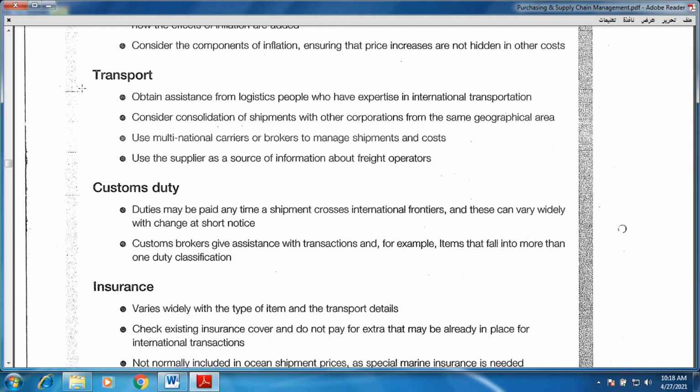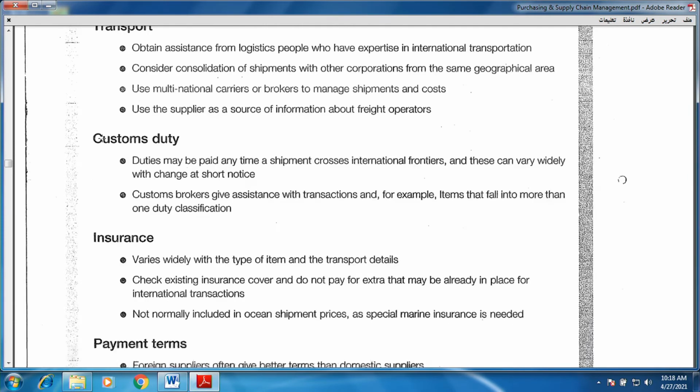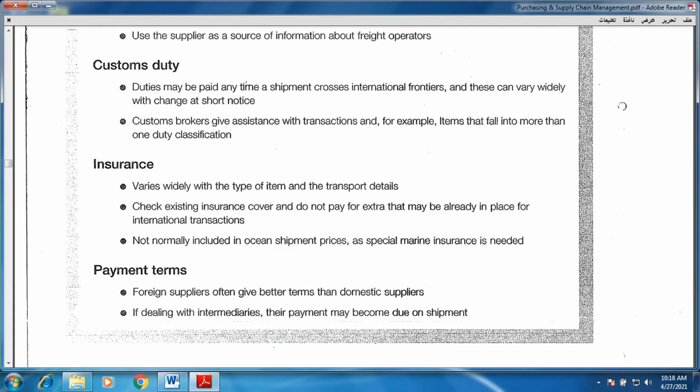It means the items and prices, they doubled because of the transportation. It's very expensive. So you should make sure that the transportation costs are reasonable. When they add it to the common cost, still the price is cheaper than what we have in the local market.